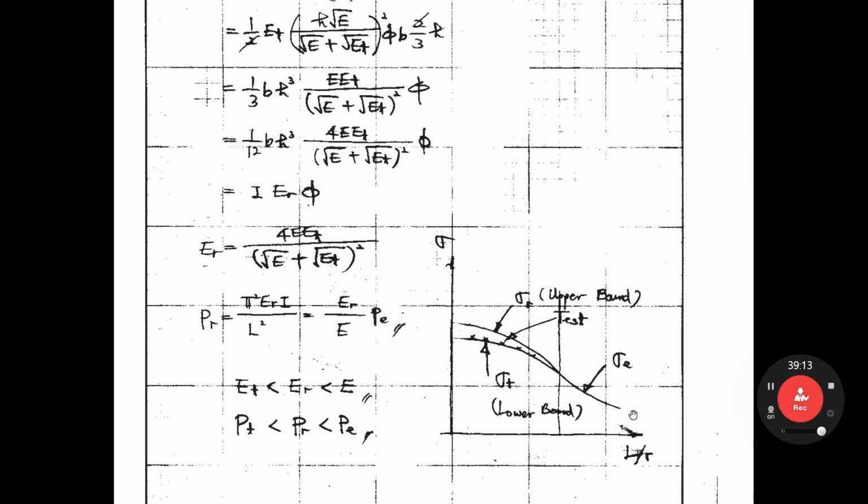From here, long column, overlapping stress. So if we draw for a rectangular column, the sigma_R curve is like this, the upper bound. Sigma_T is somewhere lower, like this. When you test the column, that is the test result X. That is somewhere between sigma_T and sigma_R, but it is closer to sigma_T, the tangent modulus theory stress.